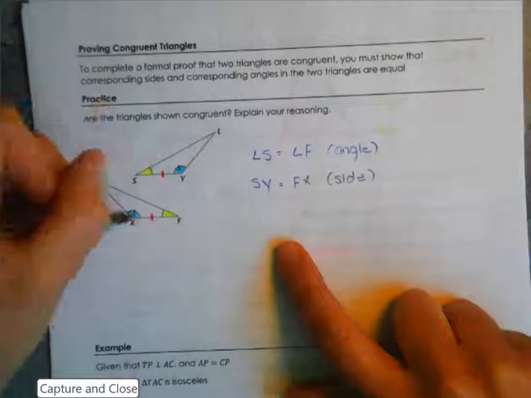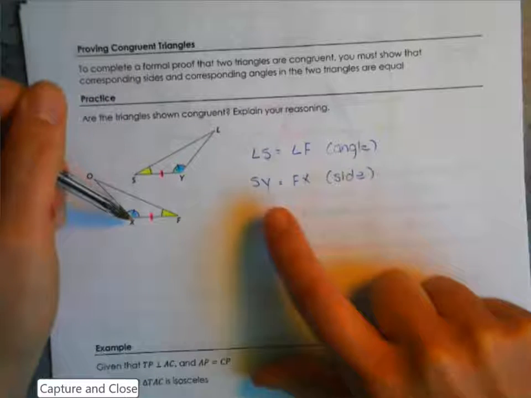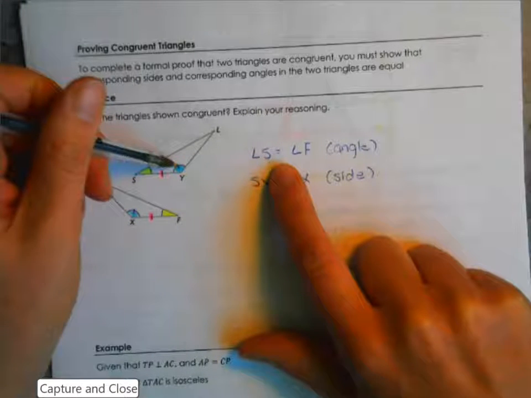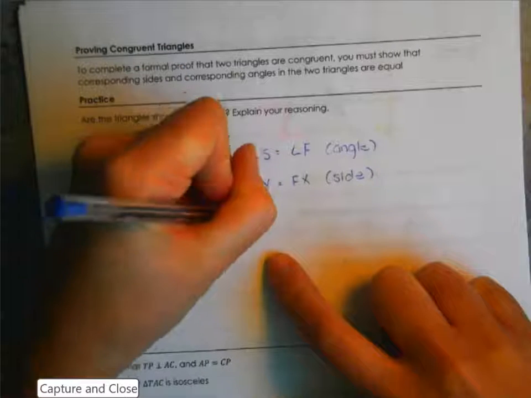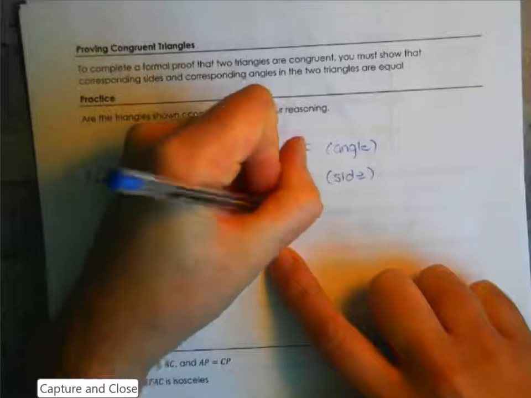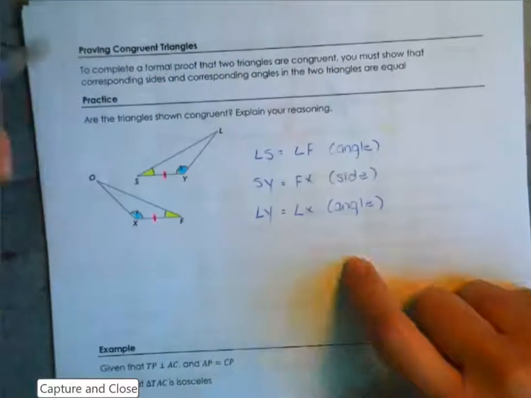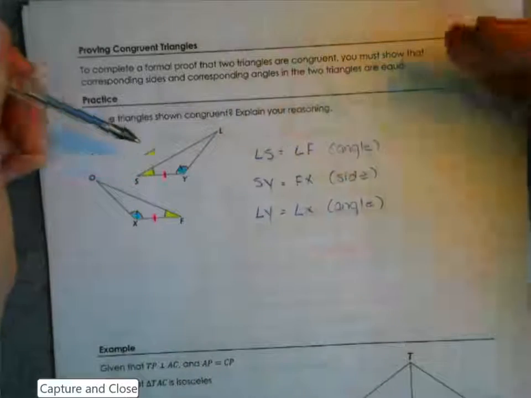Okay, now the last angle that we had was, oh, and I also want to make sure I start with this one. Okay, so angle Y is equal to angle X. So that's another thing to be aware of, is when you're listing your proofs, you usually want to make sure that you're always doing the same comparison.